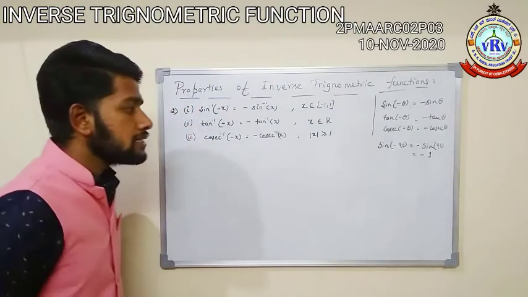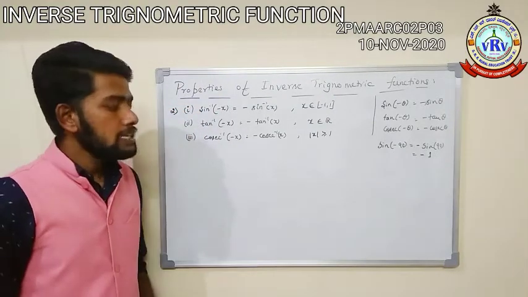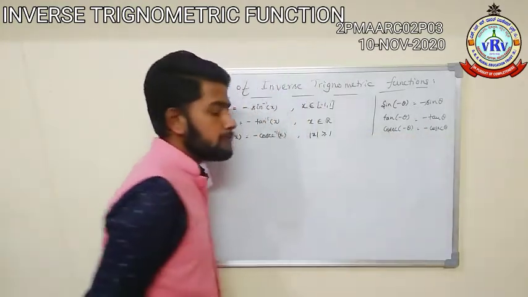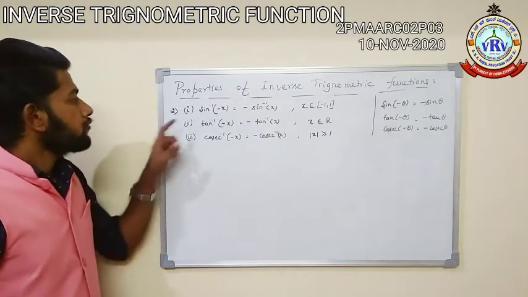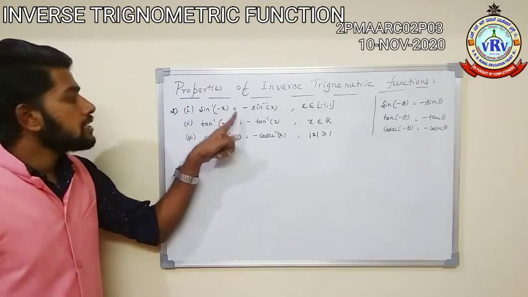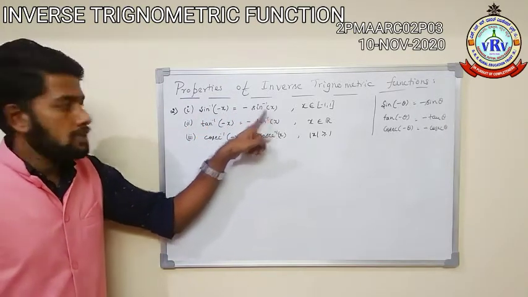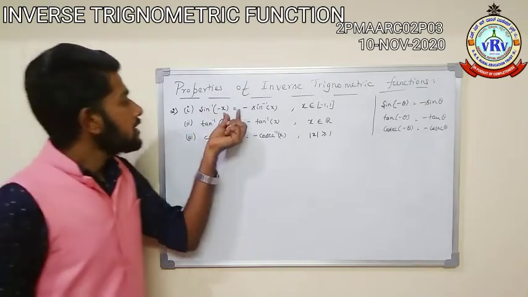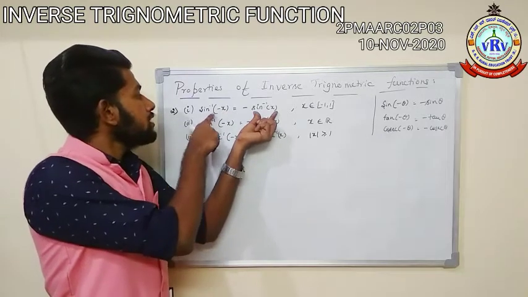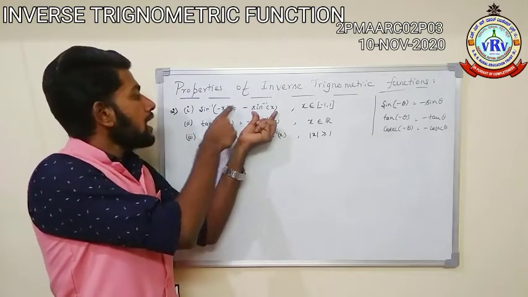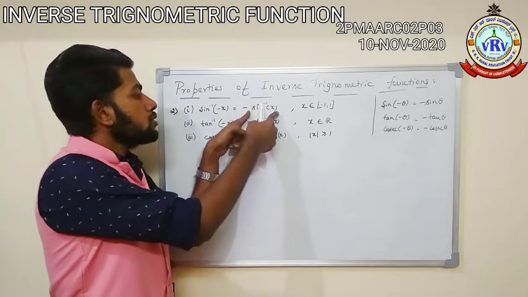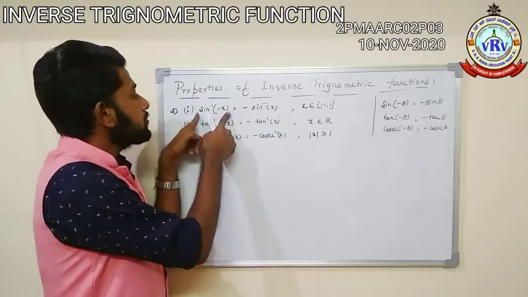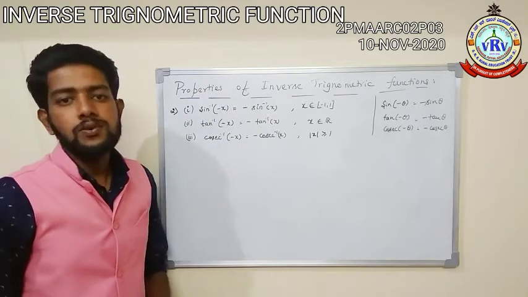So sine of minus 90 is equal to minus 1. Right? We are using this condition for this purpose. Same way, sine inverse of minus x is equal to minus of sine inverse x. If we need sine inverse of minus of any angle, then it is enough if you know the sine inverse of that angle. From that, if we add negative sign to that value, then it becomes the sine inverse of minus x value.